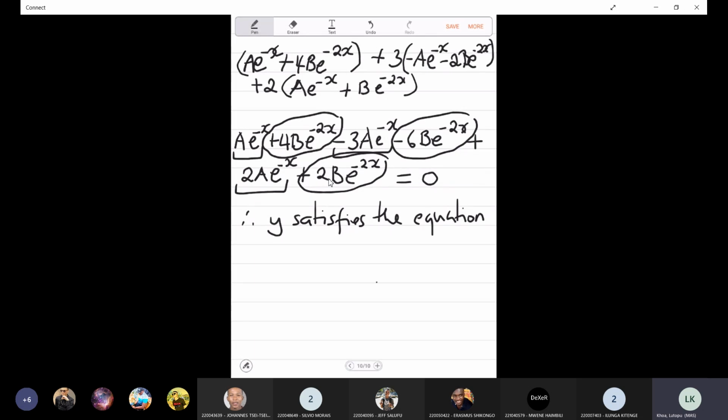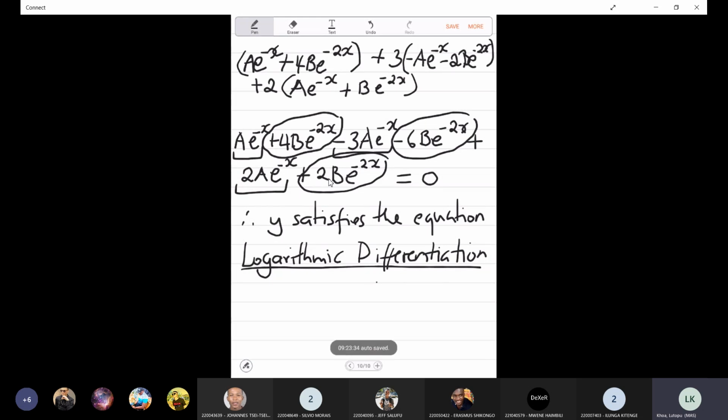And then we have logarithmic differentiation, which was another technique that we did last semester. And I'll keep saying this, if you don't remember any of these things, you need to go back and find your notes and go over that.